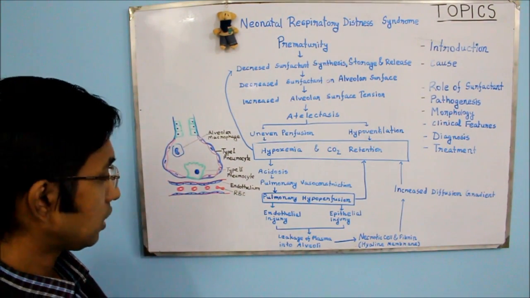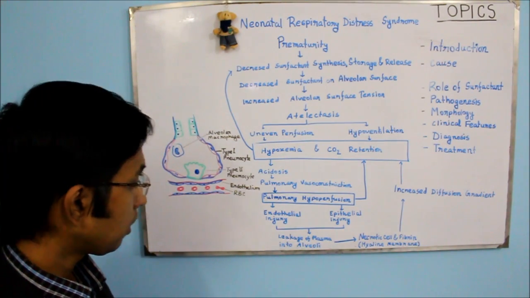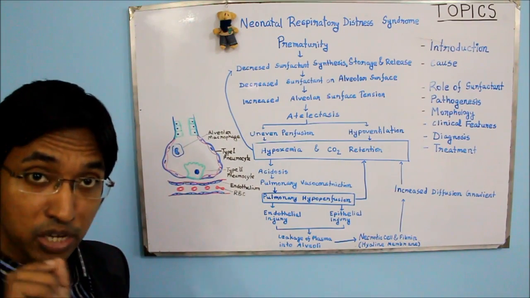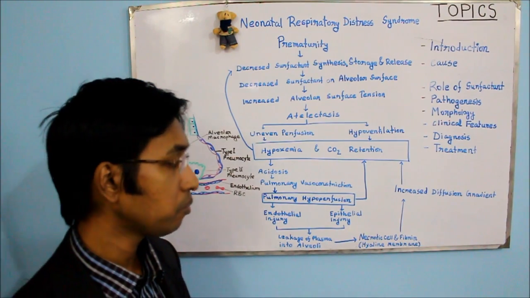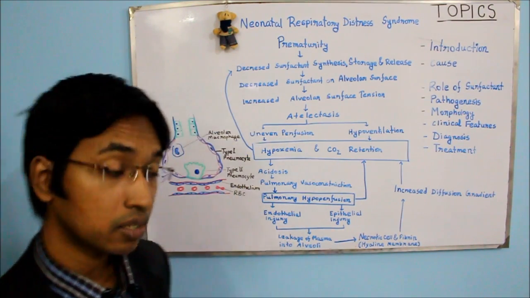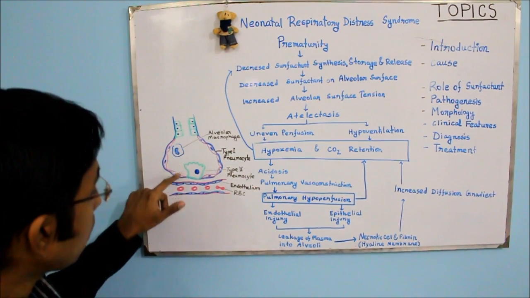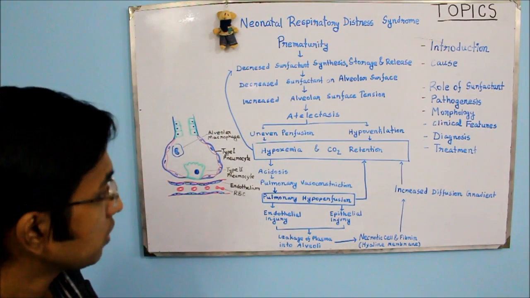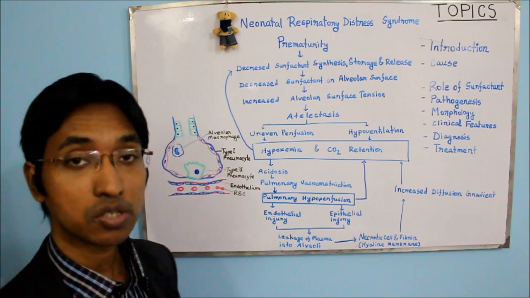So these necrotic cells, along with fibrin, will result in formation of a very special type of membrane known as hyaline membrane, and this will hamper gas exchange between the alveoli and the blood vessels, and ultimately all these things will result in respiratory distress syndrome.